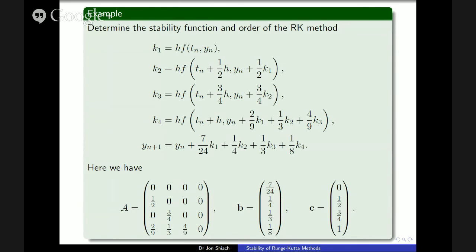If I convert this to the matrix A and vectors B and C, the A's are what we multiply K1, K2, etc. by here. Your C's are what you multiply H by, and your B's are what you multiply K1, K2 by in order to get your Y. So hopefully you know where to get the A, the B, and the C from.